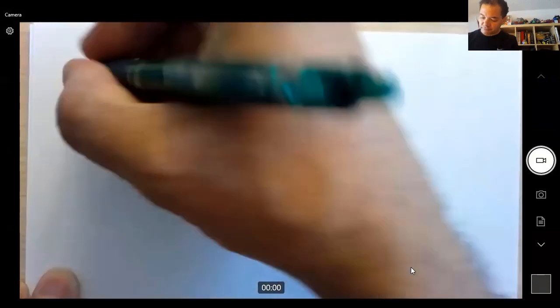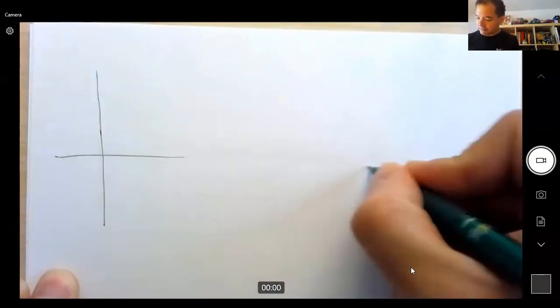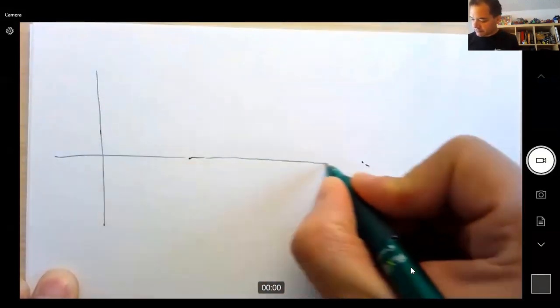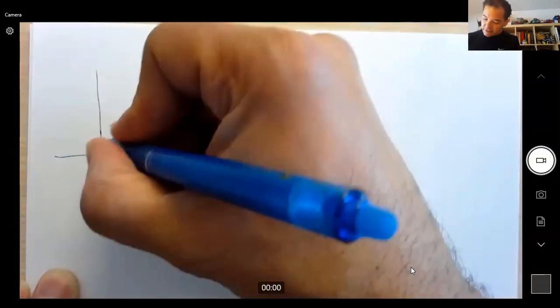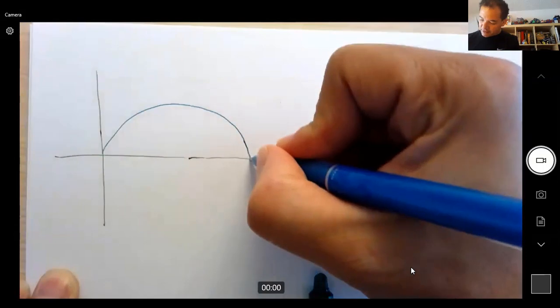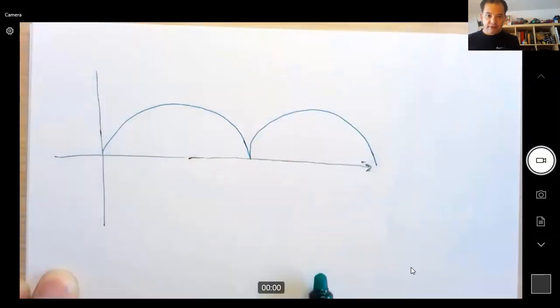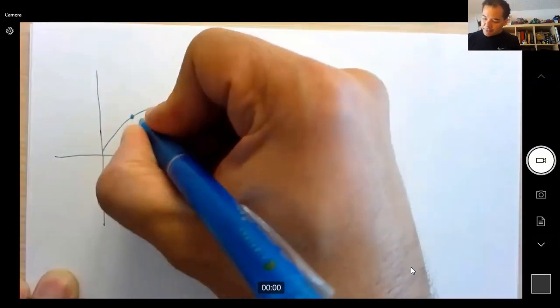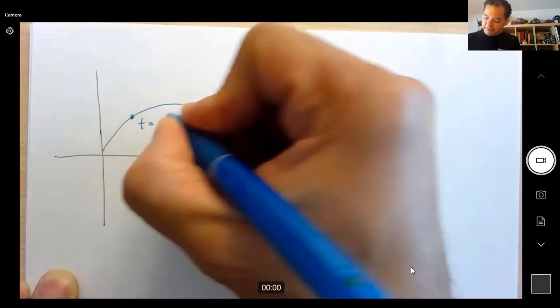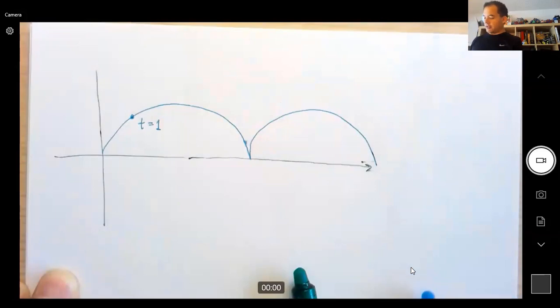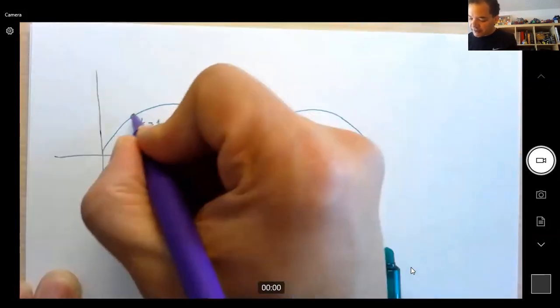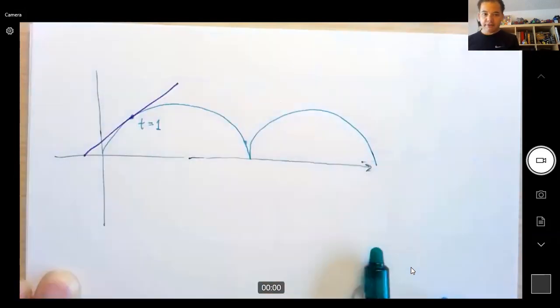We have maybe this cycloid that we were doing. It's a curve like this. And I have a particular time here, like say t equals, I don't know, 1. Well, I want to know how I can find the slope of the tangent line, right?